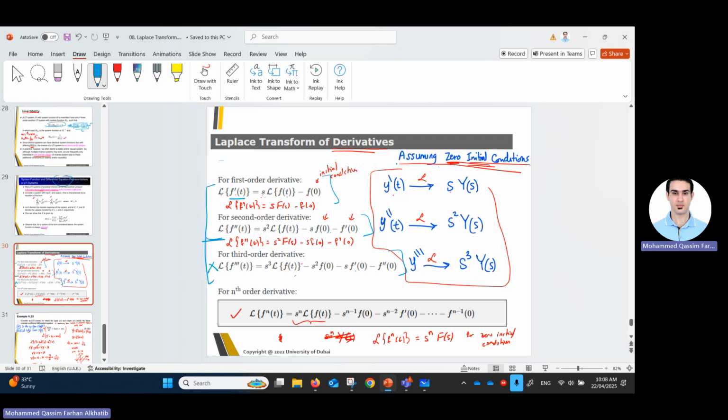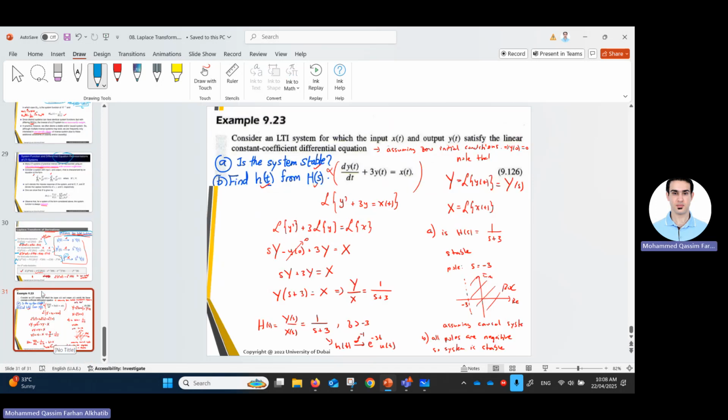And if you see this expression, assume zero initial conditions, meaning y(0) is 0, y prime of 0 is 0, and so on. Y double prime of t will lead to s squared, y triple prime, that's the third derivative, s cubed Y(s). All right, so let's see this example and we'll finish the lecture.